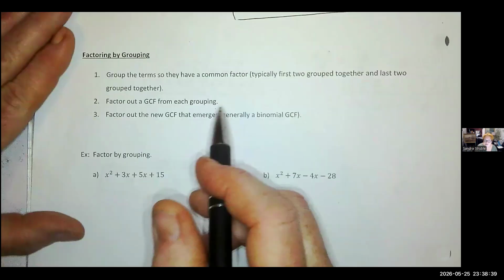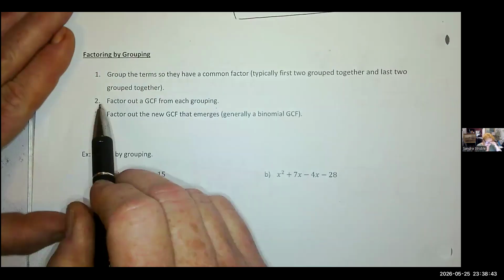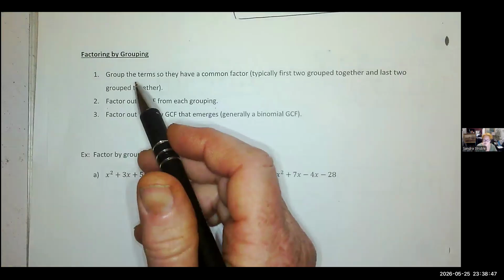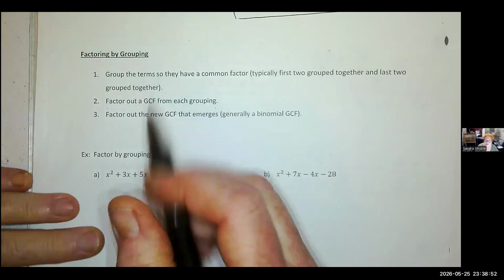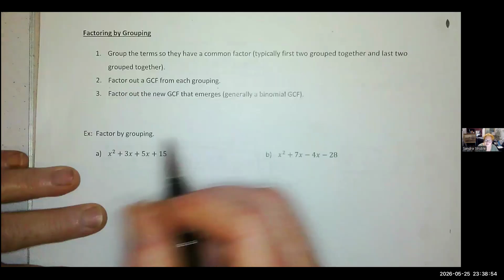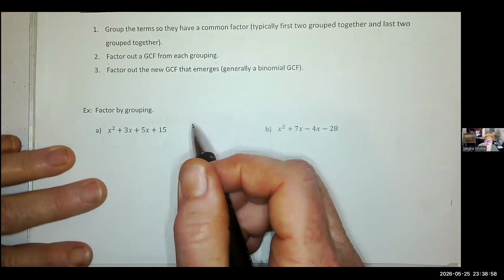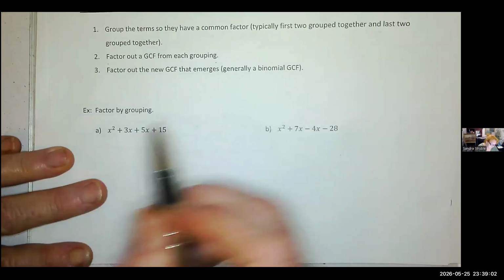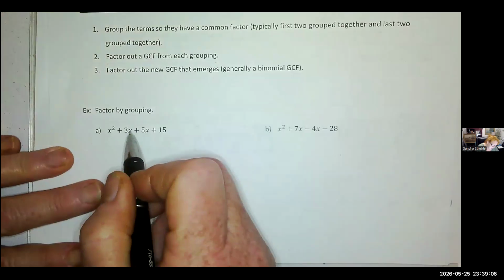Factoring by grouping. This is not one I typically ever use, honestly, other than what we just did. This one's a different version, something totally different. So you'll notice that it's the same thing that we just did, but the issue is they've already factored up top for us. With this one, you're not doing that.